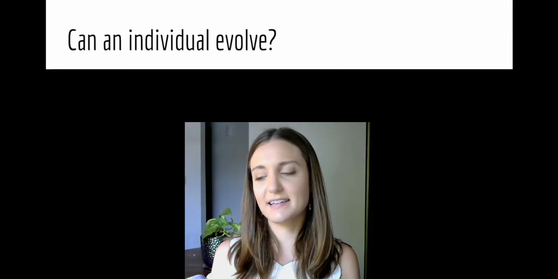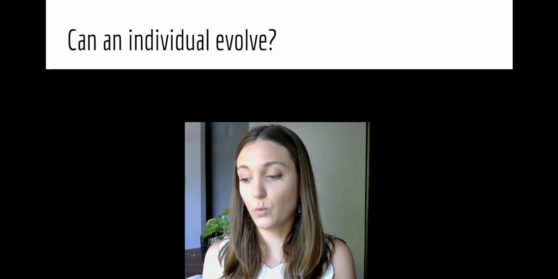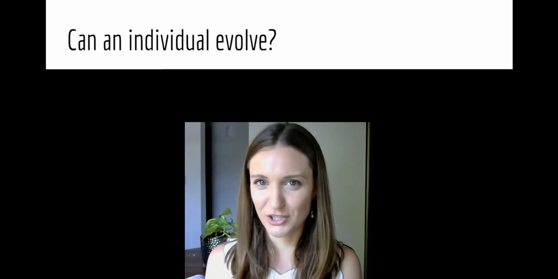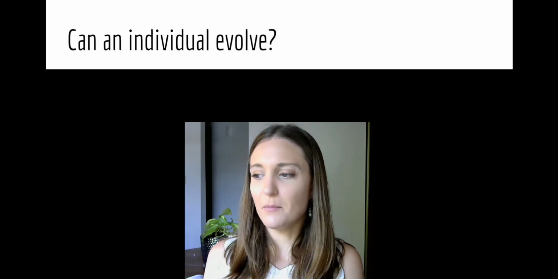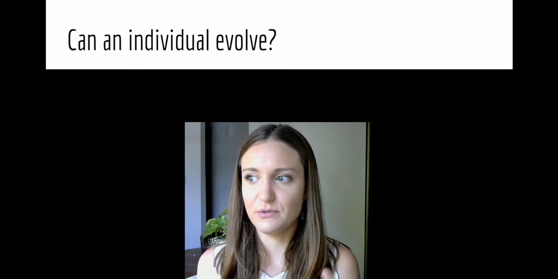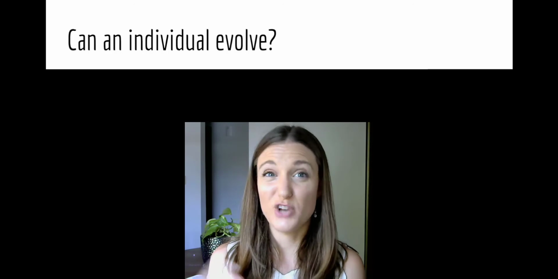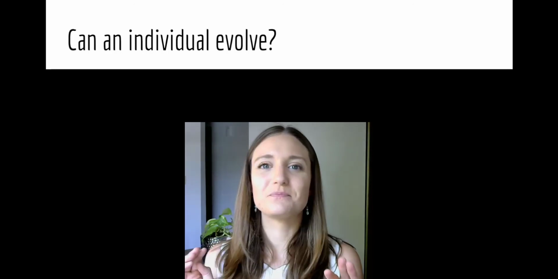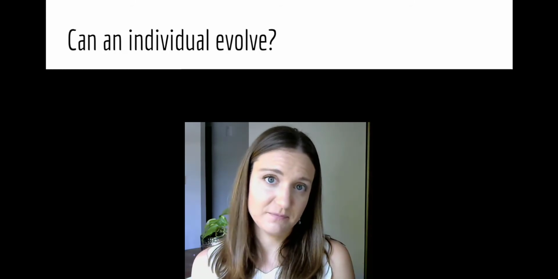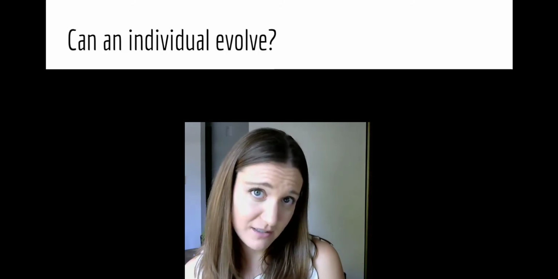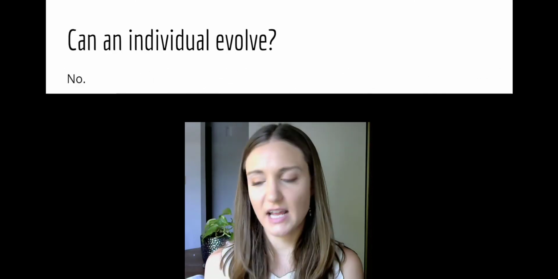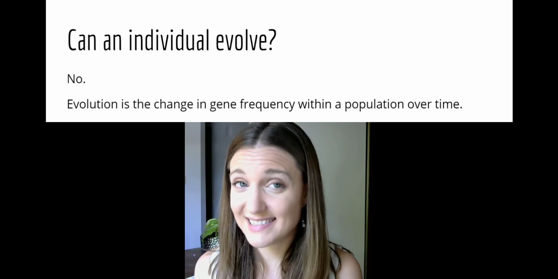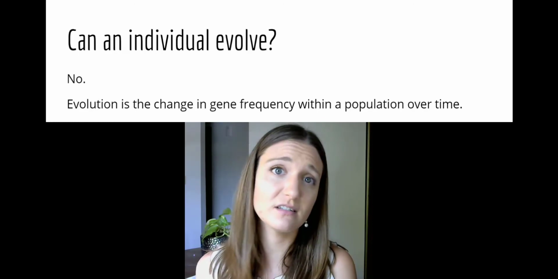Okay, so let's ask some questions to clarify some common misconceptions about natural selection. Oftentimes the term evolution is used in a colloquial way to talk about change, like you've evolved as a person, right? But when we're talking about biological evolution, individuals cannot evolve. We talk about evolution as the change in inherited characteristics, the change in the frequency of genes in a population over time.